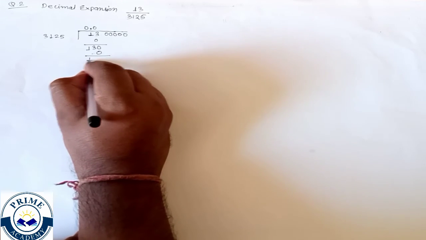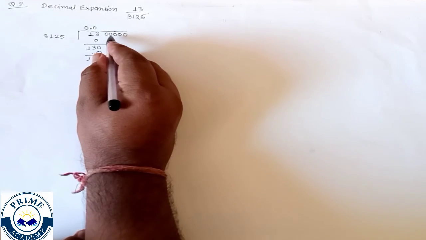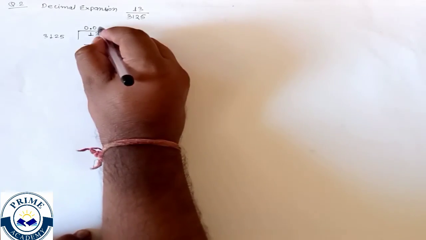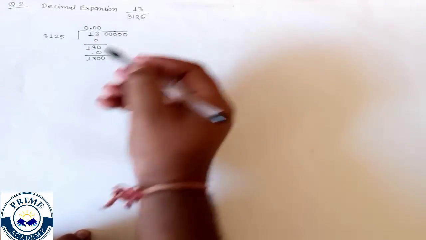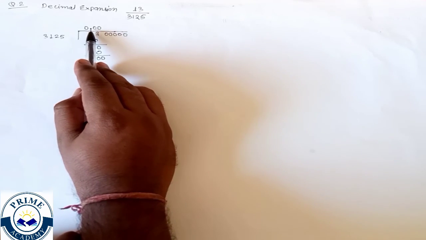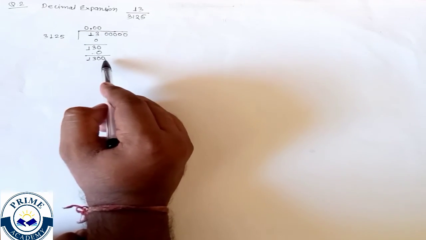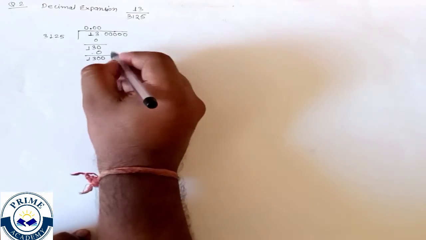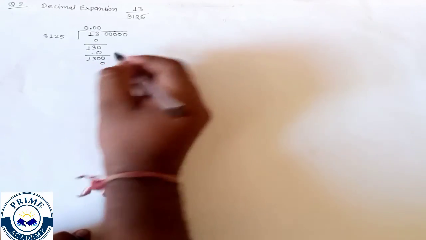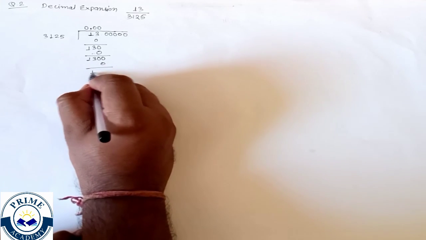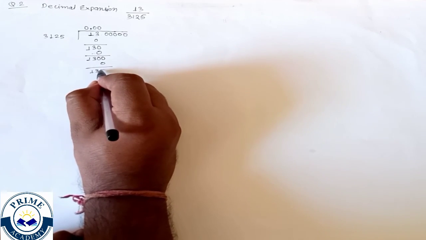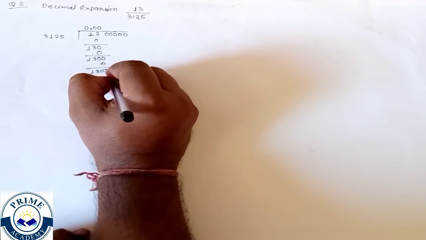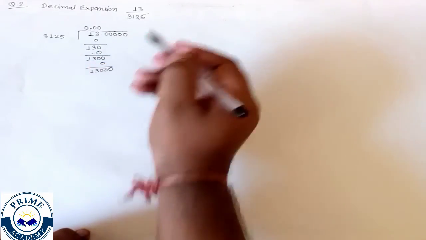You get 130 again, and put one more 0. After the decimal you have put two zeros. Again this is smaller and this is bigger, so again you take a 0 to get 13,000.